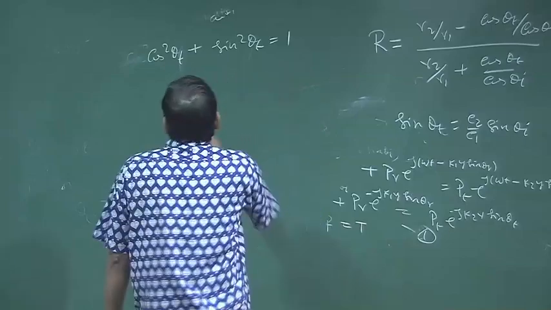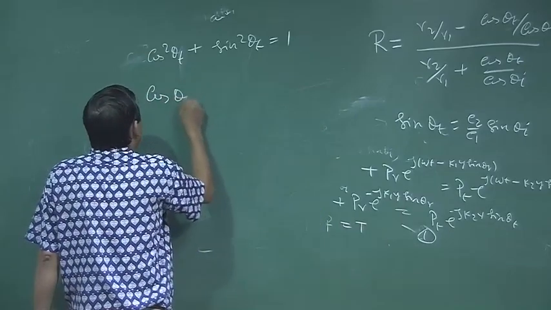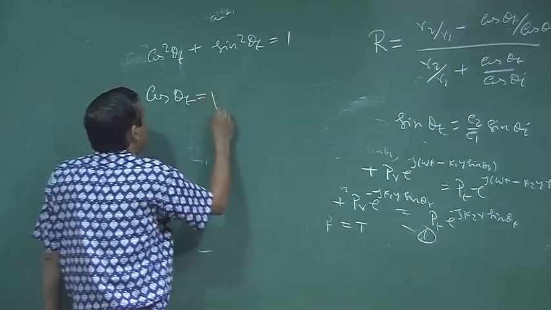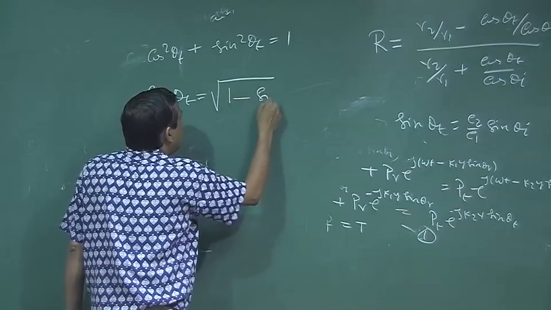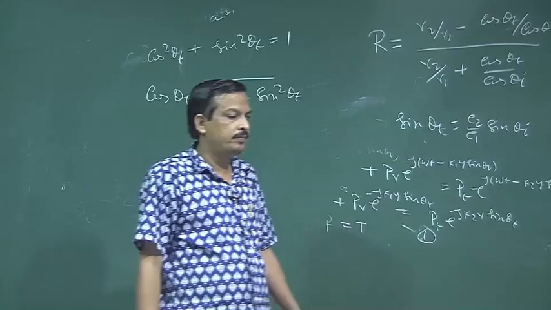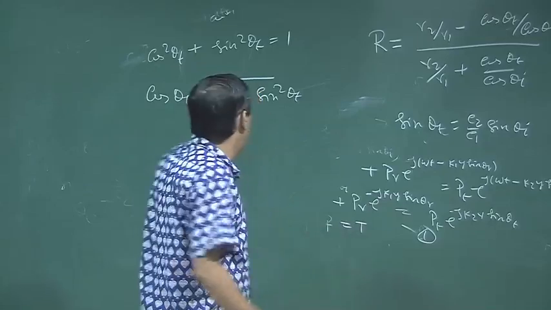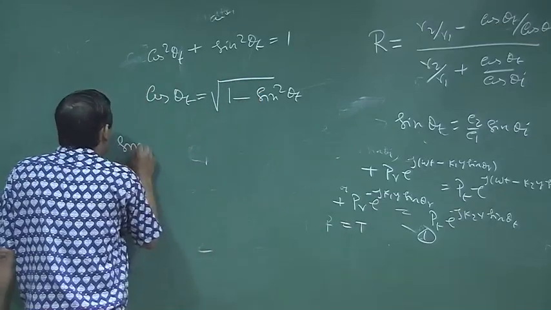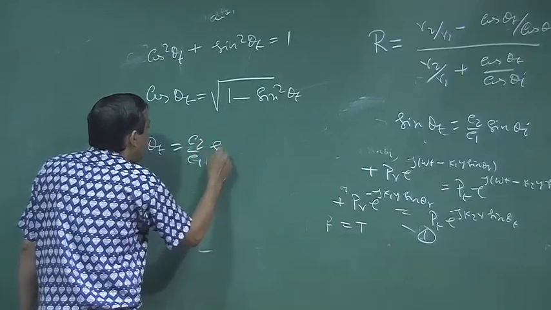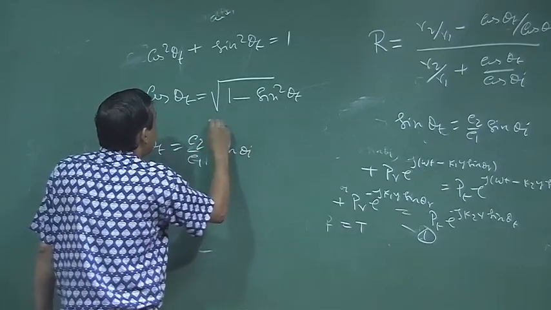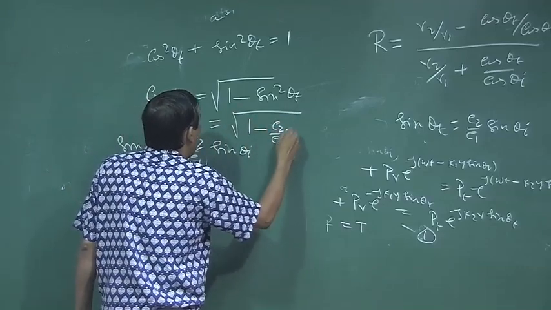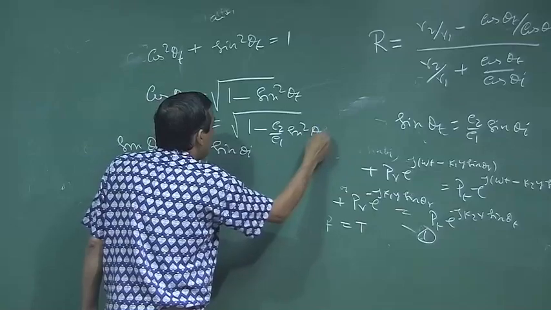So, I can say cos theta t is nothing but root over of 1 minus sin square theta t. Okay. Now, what is sin theta t? Sin theta t is nothing but C2 by C1 sin theta I. So, I can say it is root over of 1 minus (C2 by C1) sin square theta I.